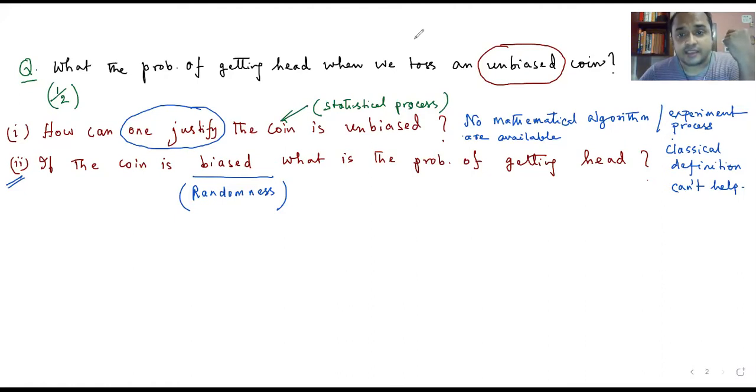This will be discussed in module 5 of your syllabus. The answer lies in the chapters of module 5. When we start module 5, we will discuss how, by using the statistical process, we can justify that the coin is unbiased. But no mathematical algorithm is available, no experimental process is available. So keep this in mind.